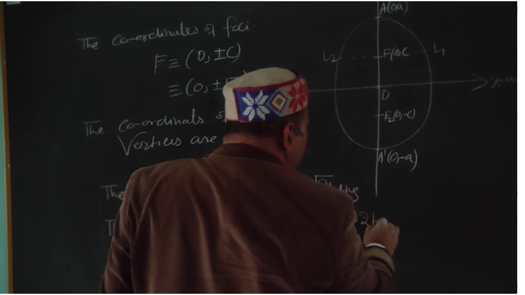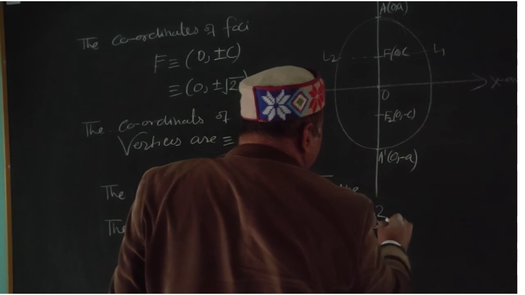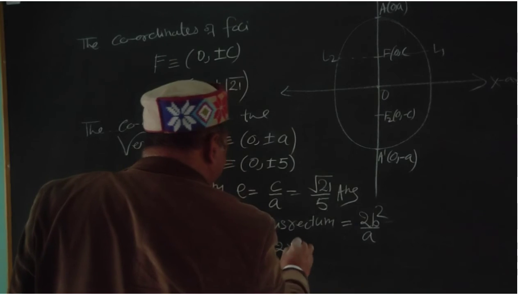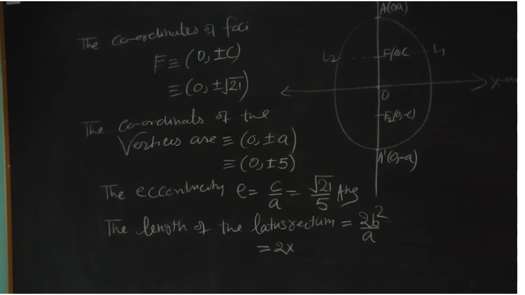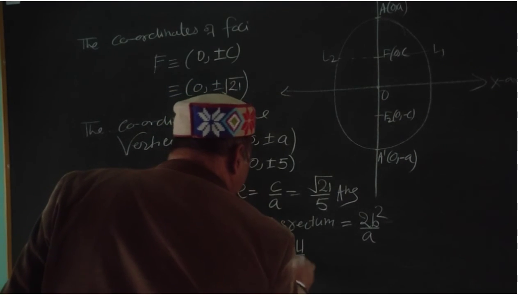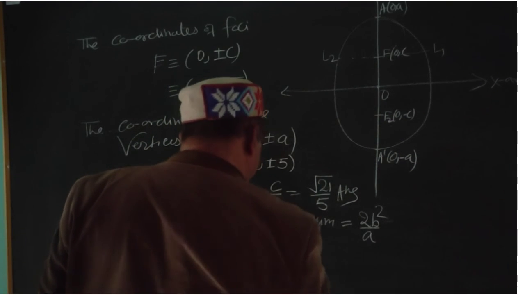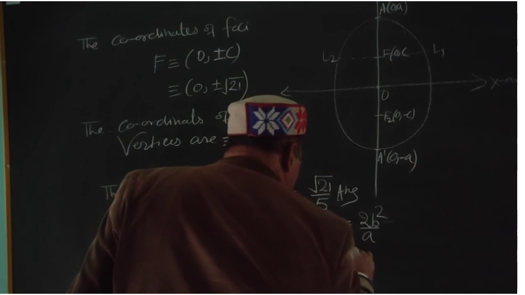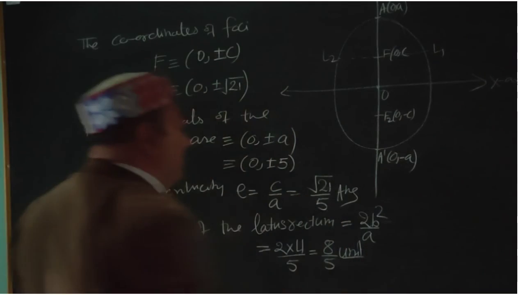That is equal to 2b square upon a, and the value of b square in this case is 4, and we get 2 into 4 upon 5, that is 8 upon 5 units.